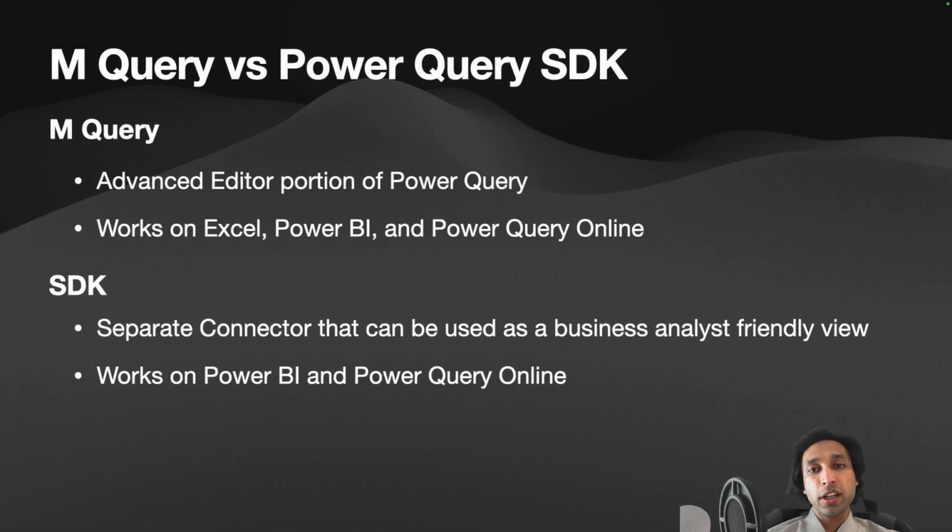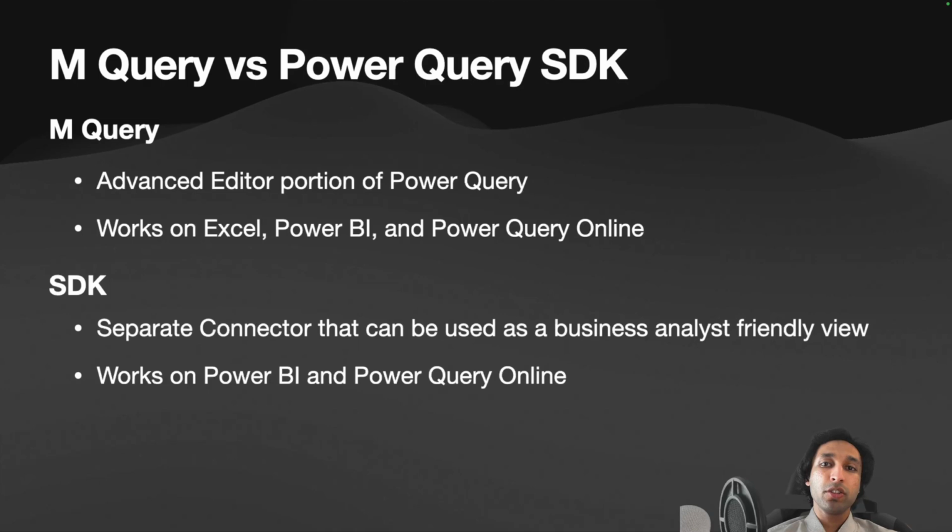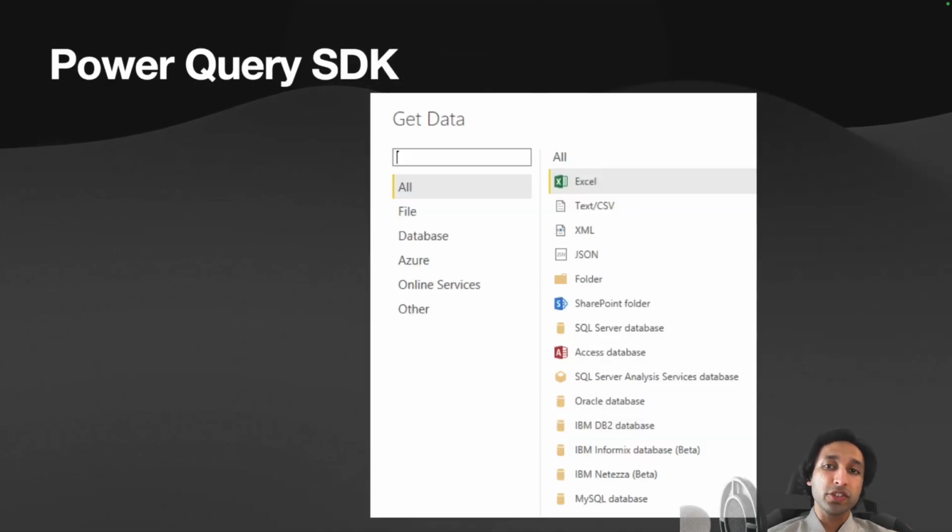Then you have the SDK, and the SDK is basically where a more technical person would code in the entire connector, and then a business analyst or someone who uses Power BI can select that connector from the list of available connectors. So in Power BI, when you click Get Data, you see this list of connectors that are available to you. You will have your custom connector available if you build it right.